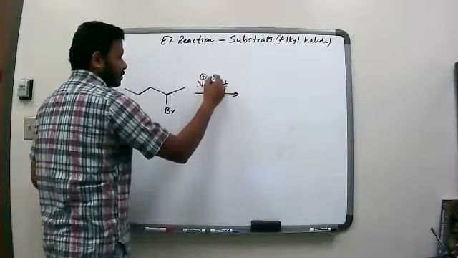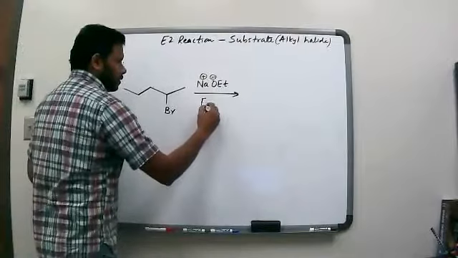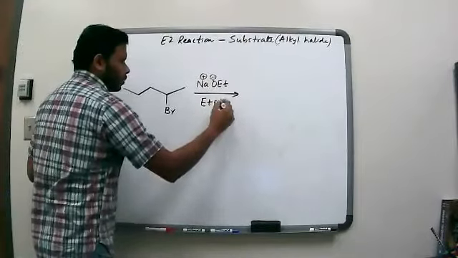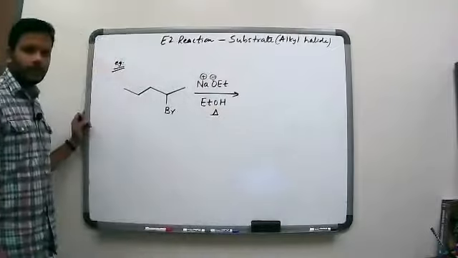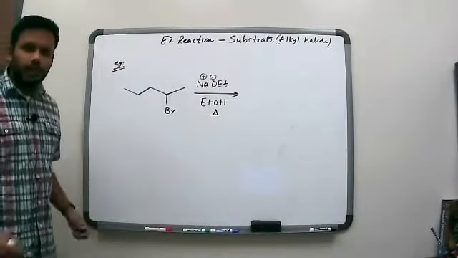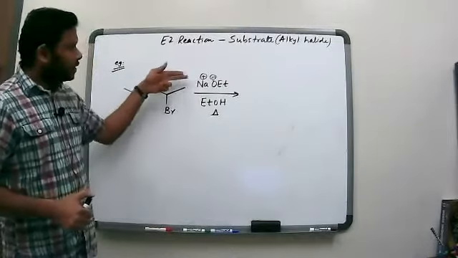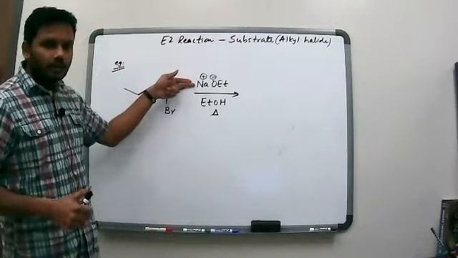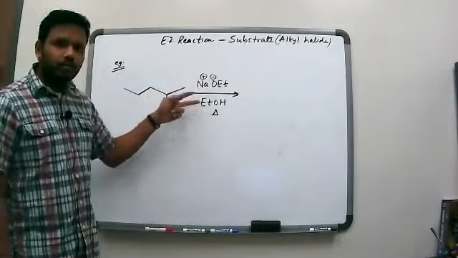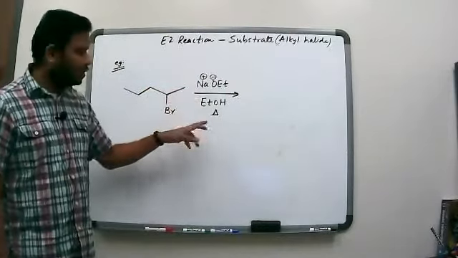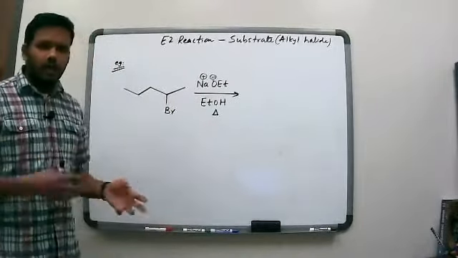Again, I'm just choosing a strong base and polar protic solvent with heat. Okay, we're doing an E2 reaction. So whenever you see an alkyl halide, you see a strong base, which is also a strong nucleophile, but then you see a polar protic solvent, and then you see heat along with that. That should hint towards an E2 reaction.